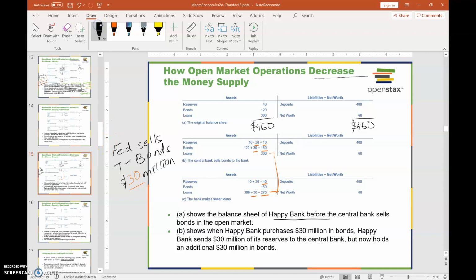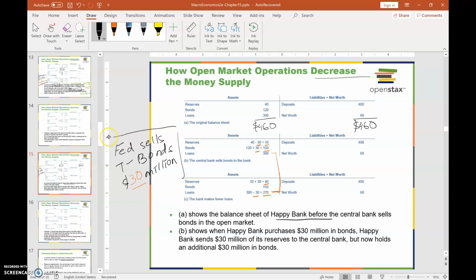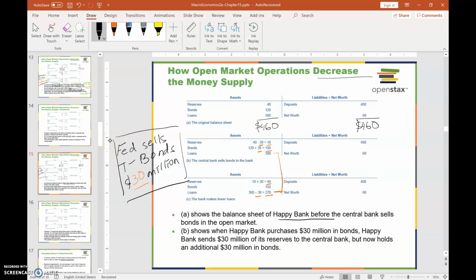Over here, the take home again is when the Fed is selling treasury bonds to the commercial bank, the commercial banks lose their lending capacity and the amount of loans in the economy goes down.